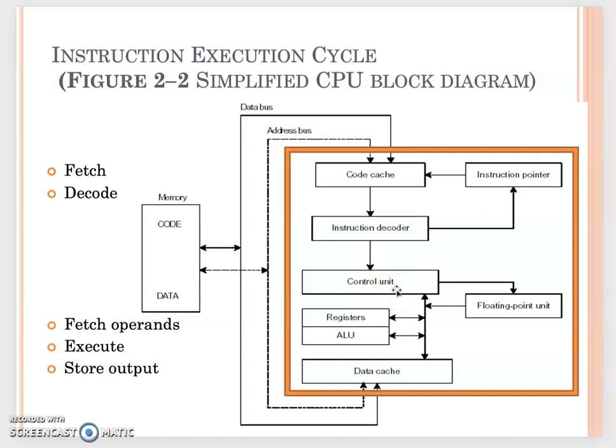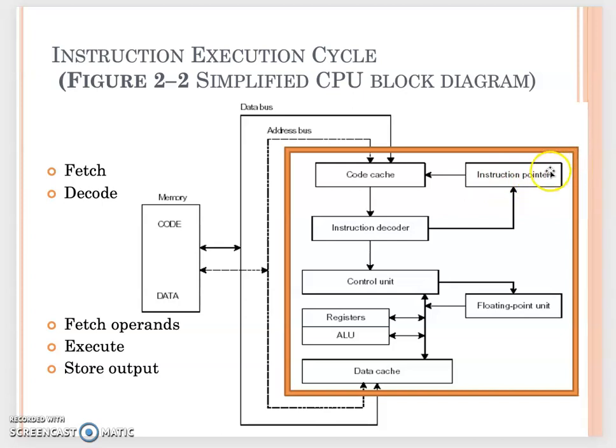Those instructions have an instruction queue, which is waiting in line somewhere. How do we know which instruction to process? We have an instruction pointer, we call it IP. This instruction pointer will point to the specific instruction in the instruction queue.